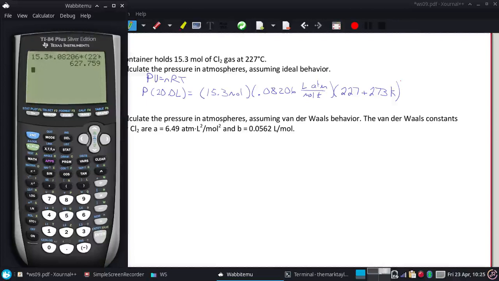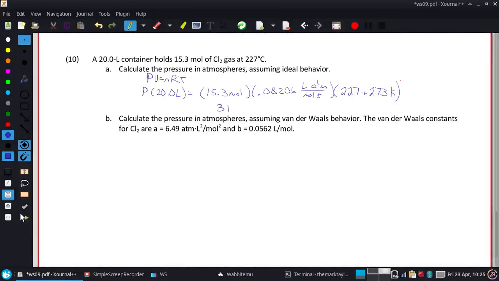That's everything on the right, and I will just divide that by the 20 liters and get 31.4. If we go through here, moles cancel, kelvins cancel, liters cancel, so that's 31.4 atmospheres for our pressure.